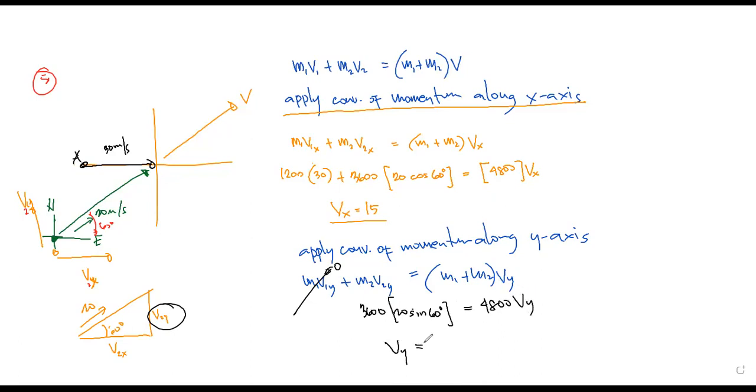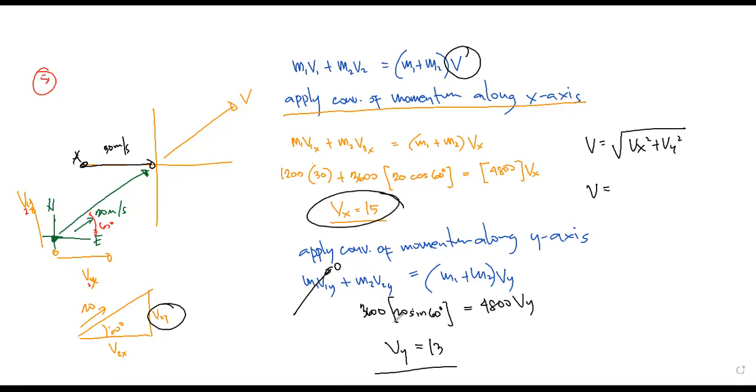So finally, calculating for Vy, that makes it 13. Such that we can calculate the velocity as the square root of Vx squared plus Vy squared.